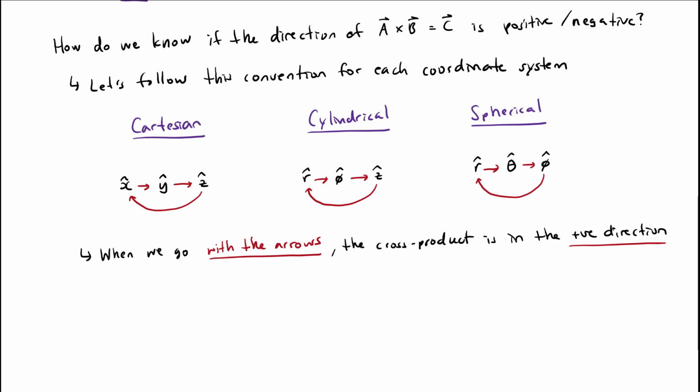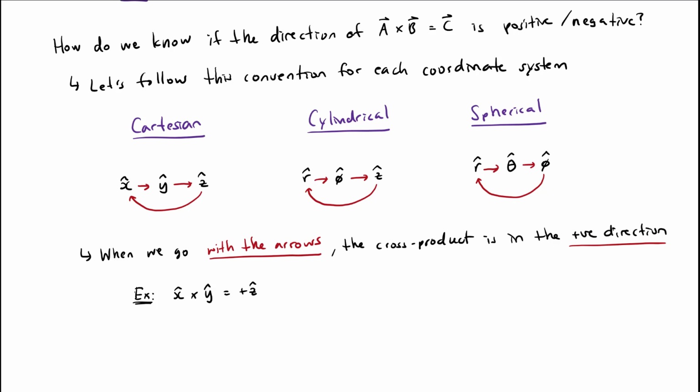So if I do x crossed with y, x going to y is in the order of which these arrows indicate, so therefore it must be positive z.